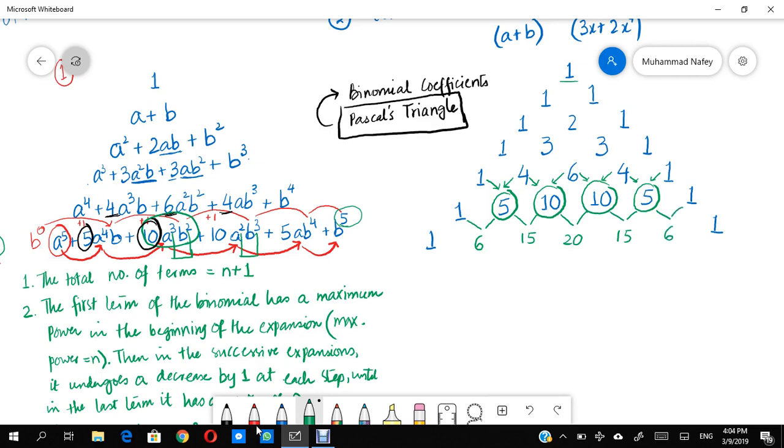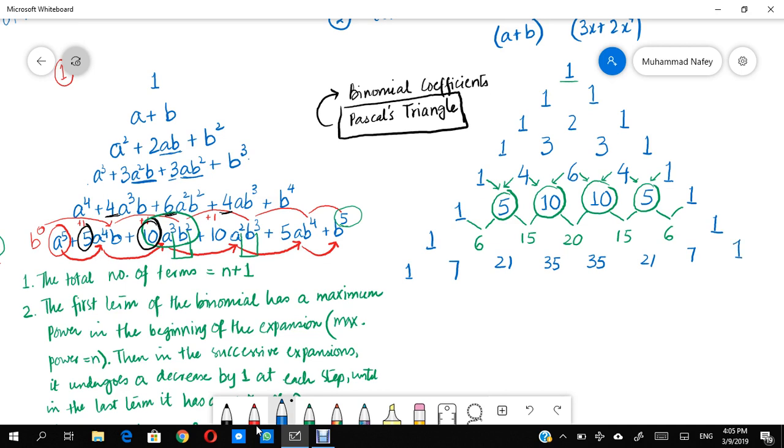Likewise, I can work out the eighth row, and the eighth row is when n is equal to 7. The binomial coefficients in that case would be 1, 7, 21, 35, 35, 21, 7, and 1.